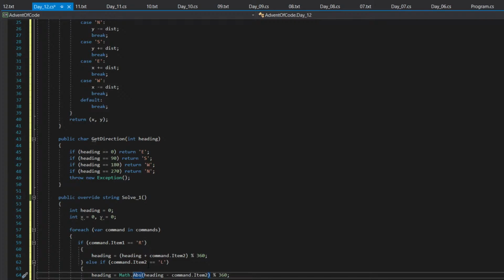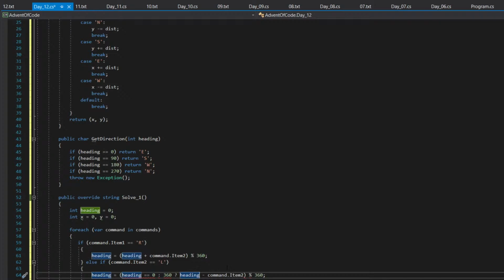So if I'm at 0 and I go negative 90, I actually want 270. Can I do that? Bool to int.